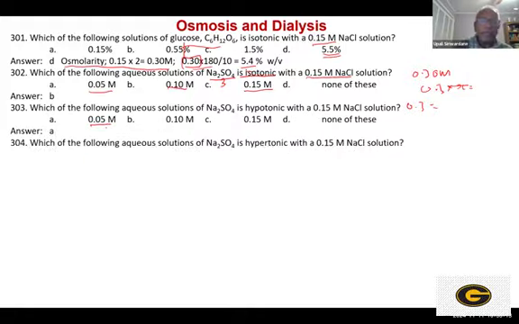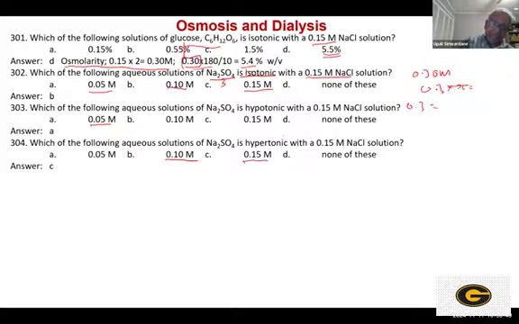Which of the solution isotonic was? That hypertonic is this. C is the answer.